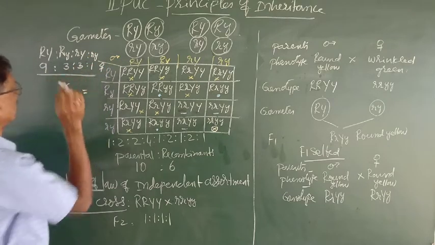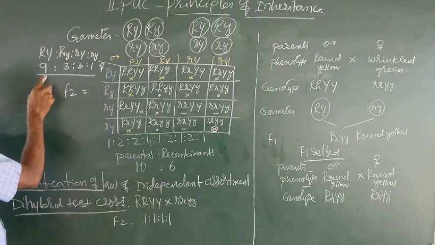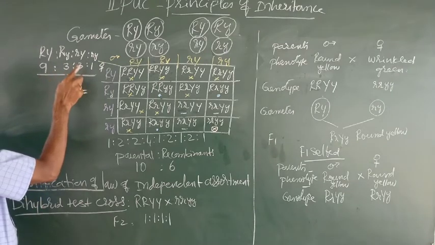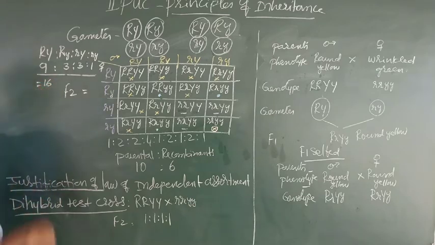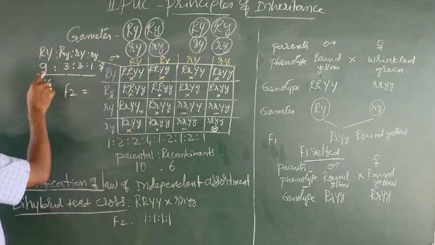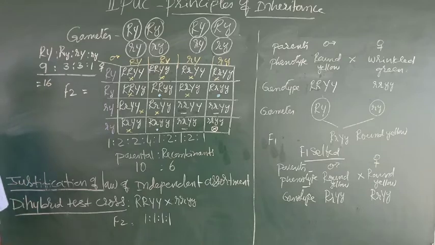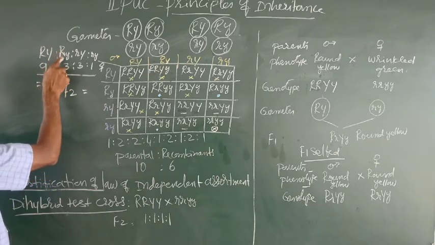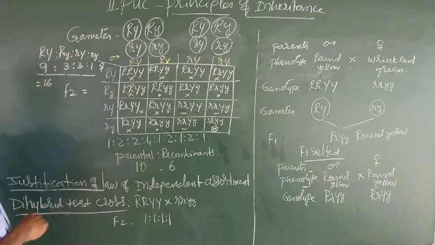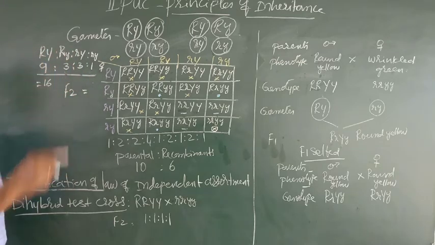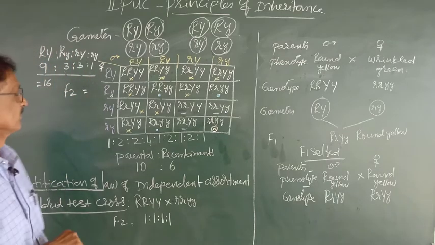So the total is 9:3:3:1. So totally it is 16. So 9 round yellow, 3 round green, 3 wrinkled yellow, and 1 wrinkled green.